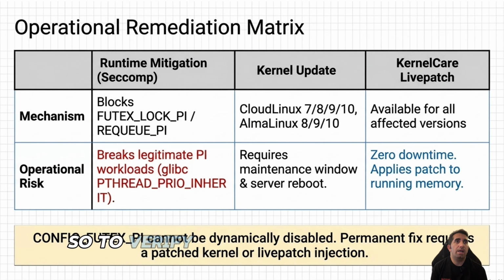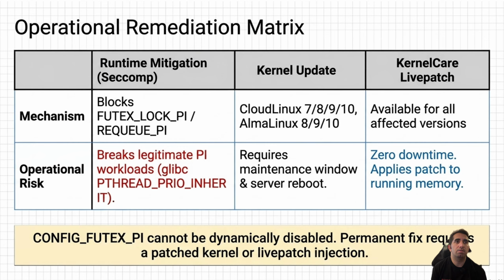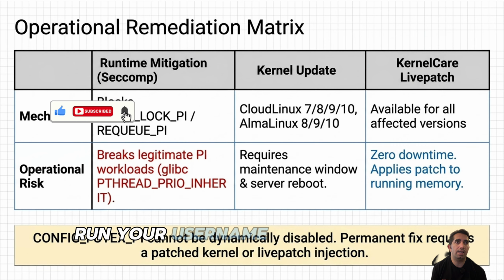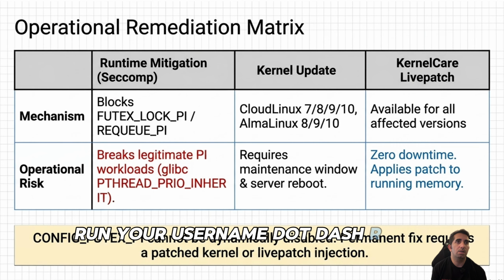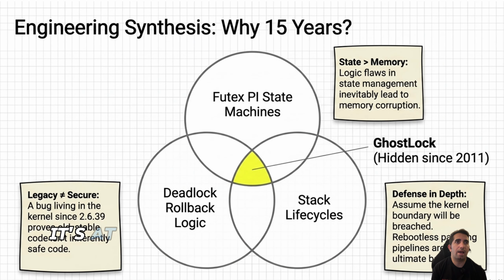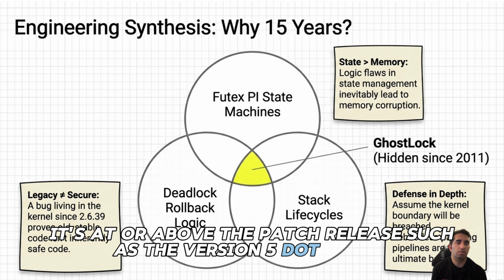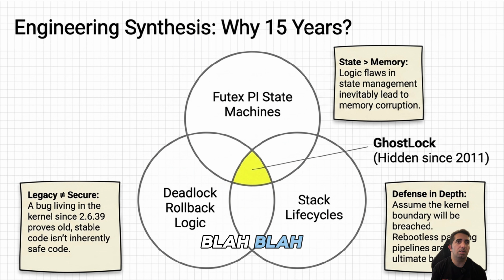So to verify if your servers are safe, you have two clear methods. If you performed a standard kernel update, run uname -r and verify your kernel version is at or above the patch release, such as version 5.14, blah blah blah.